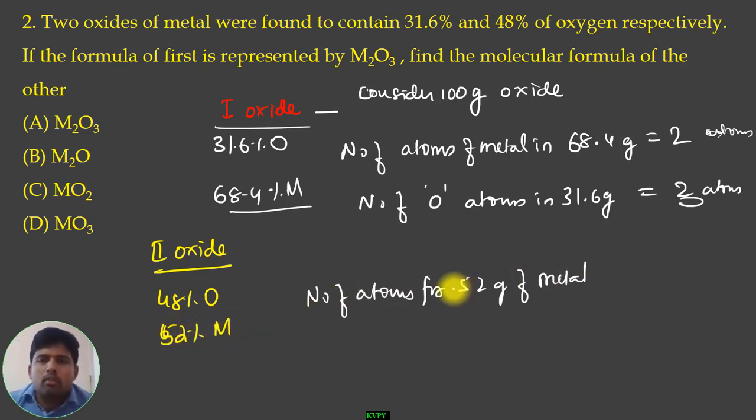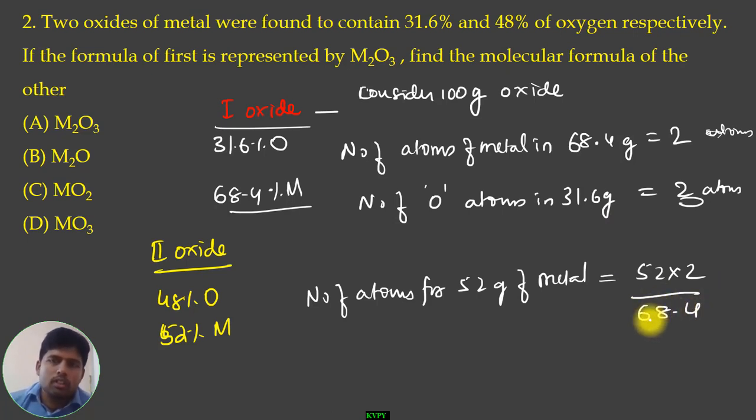So the number of atoms for 52 gram of metal is a unitary method. We multiply 52 into 2 divided by 68.4. For 68.4 we have seen two atoms. For 52, if we calculate, we get almost 1.5.